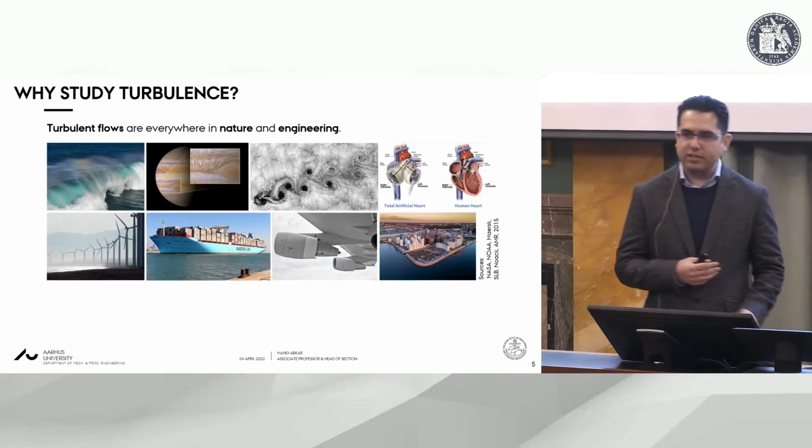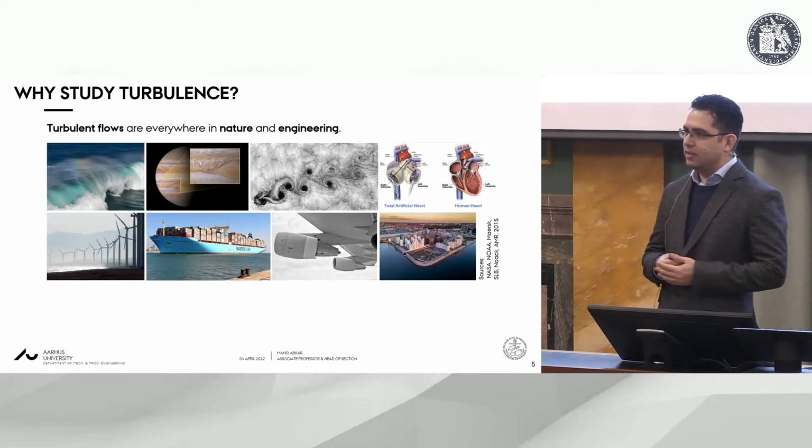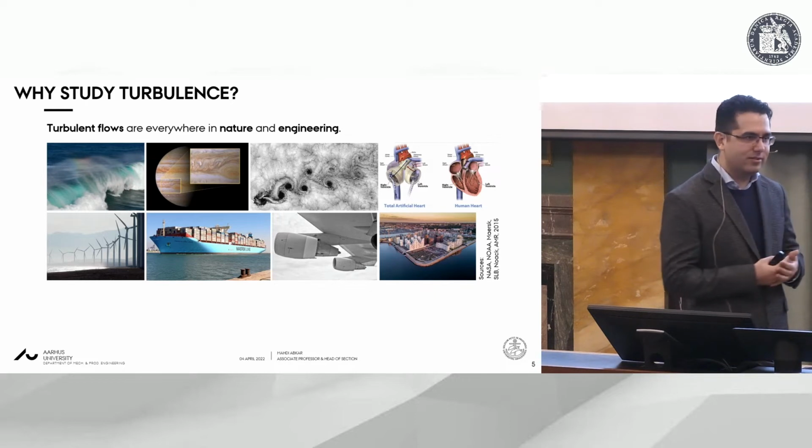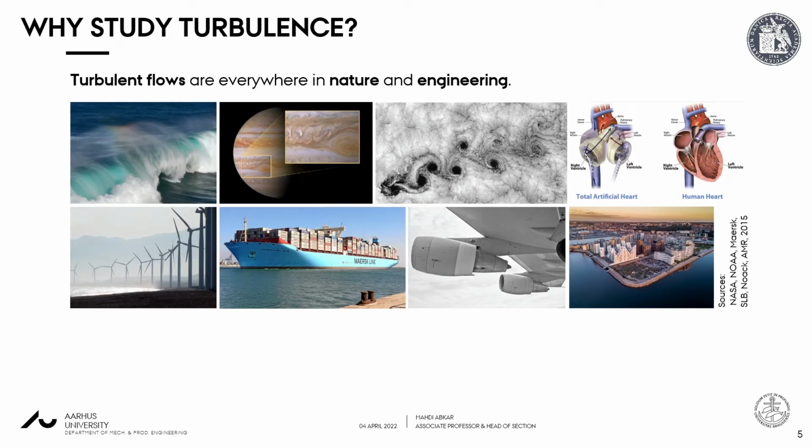But the next question is why we need to study turbulence. I think it's trivial that turbulent flows are everywhere in nature and engineering. I provided a few examples here, like ocean breaking waves, Jupiter's turbulent atmosphere, the Kármán vortex street behind this mountain, and many other examples.